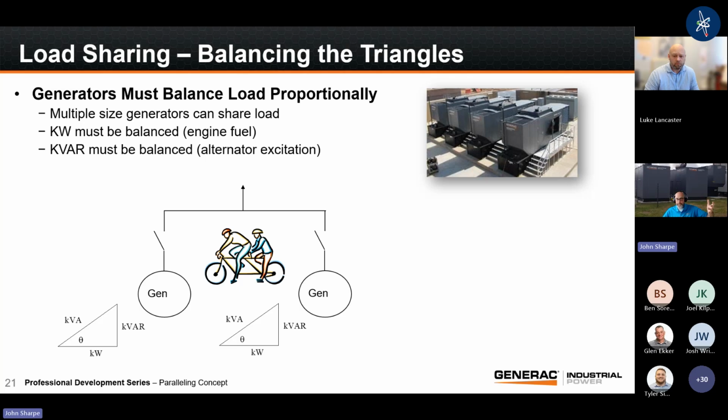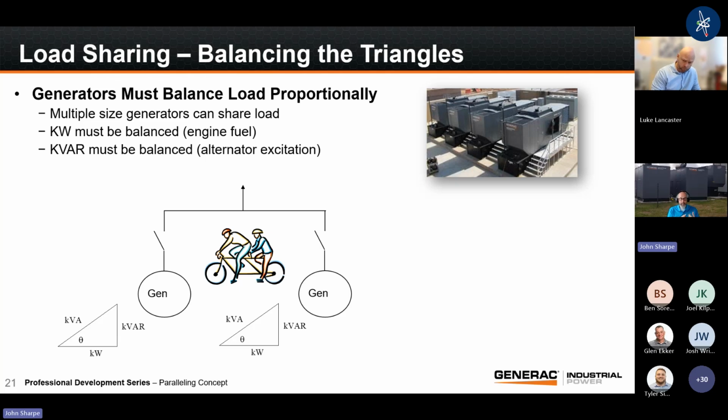And if we put 600 kW of load, we're not going to put 300 over here and 300 over here. That's not load sharing. It's going to be load sharing based on its ability to contribute. So this one's twice as big as that one, which means I'm going to put 400 kW on the 1,000 kW. I'm only going to put 200 on the 500. That's making sure that we balance the load proportionally to how much they can put out.